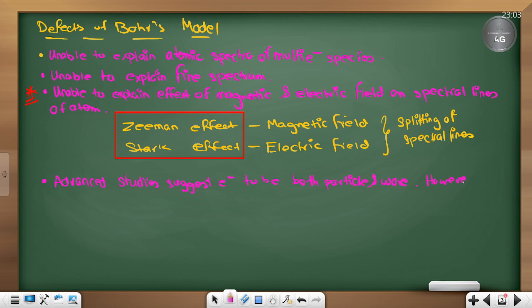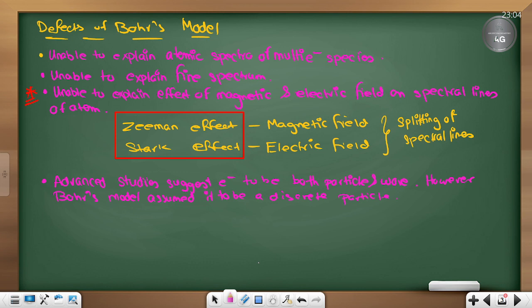However, Bohr's model assumed it to be only a discrete particle. That's why I will write the word discrete particle. Clear? So actually an electron has both particle and wave nature, but in Bohr's model, he has assumed it is only going to have a particle nature. Clear? So that is an exception.